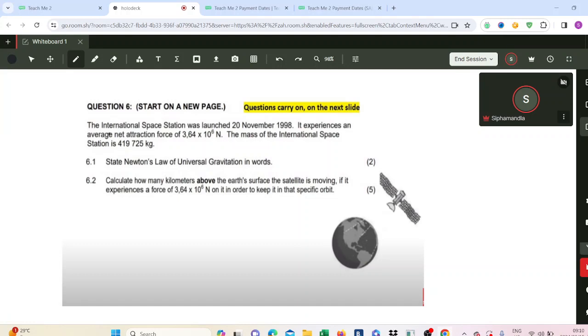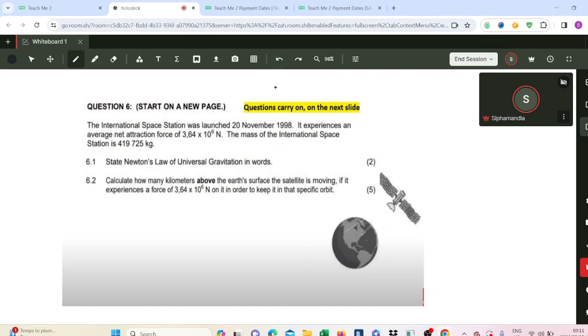They say the International Space Station was launched on 20 November 1998. It experiences an average net attraction force of 3.6 times 10 exponent 6 Newton. The mass of the International Space Station is 419,725 kg.